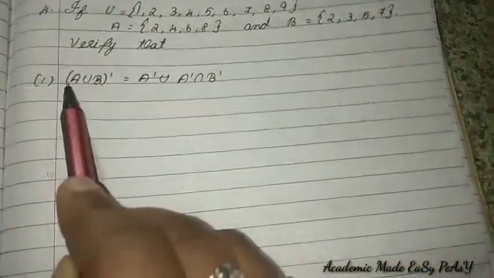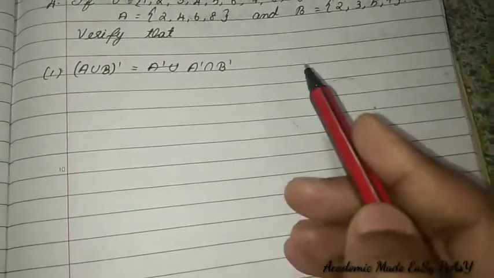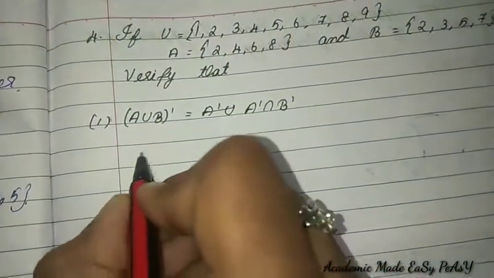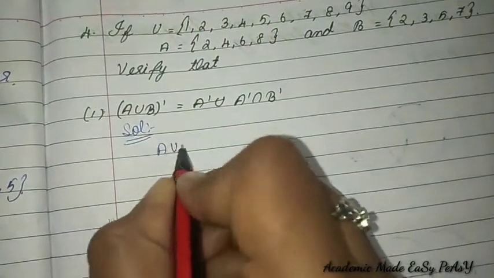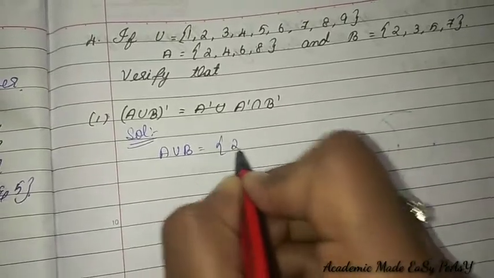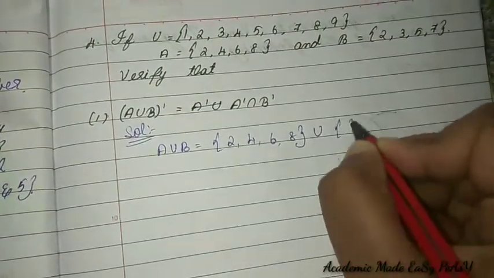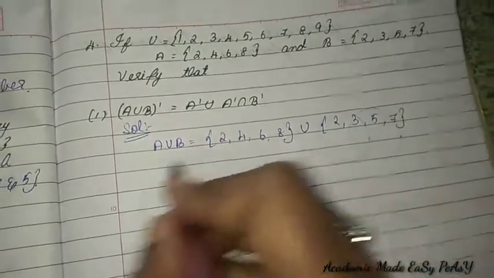Verify that (A union B)' is equal to A' intersection B'. So now we already know how to find A union B, no? So first let me write the solution. A union B is equal to {2, 4, 6, 8} union {2, 3, 5, 7}.